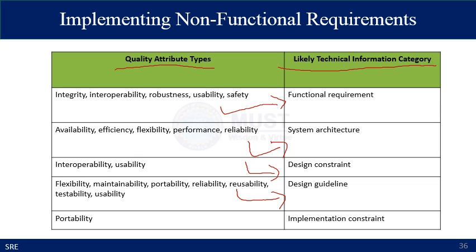And portability is also referred to as an implementation constraint. So these are some technical information categories or terms used to describe the quality attribute types. However, all of these requirements must be put in your system to achieve non-functional requirements.